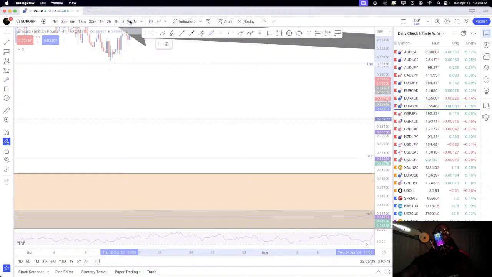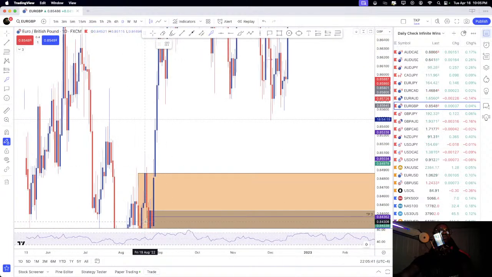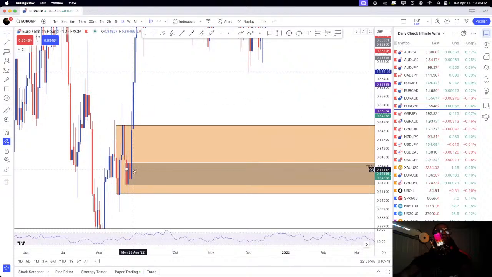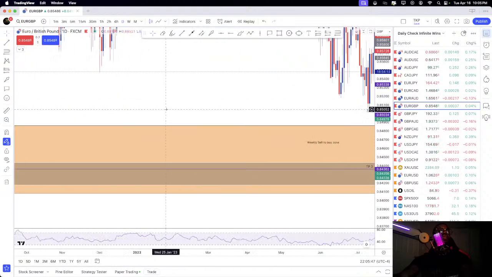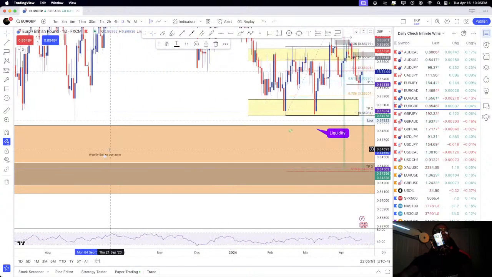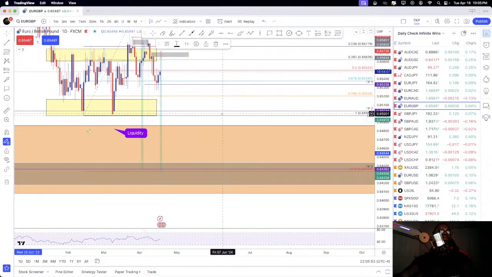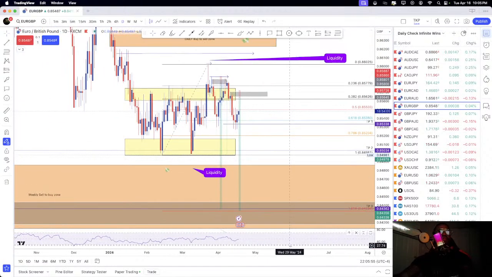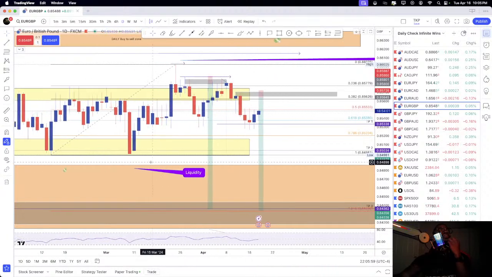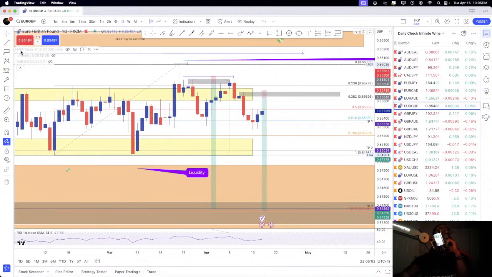Okay, let's go to a higher time frame. Okay, cool. So right here, you see this? We got a double bottom right here. And this just so happens to be inside of a weekly zone. So I love it when things come together like that. That's also cool.